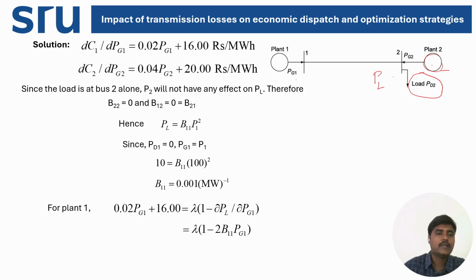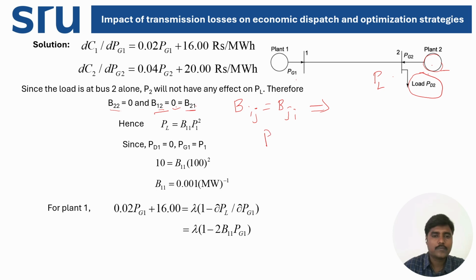That means the loss coefficients which involve plant 2, that is B22 and B12, will become 0. And we also saw that Bij is equal to Bji. That means you can express B12 also as B21. Of course, it involves plant 2, so by default its value will become equal to 0.